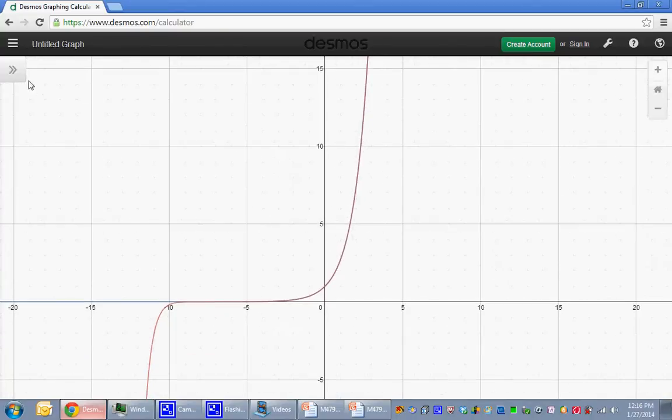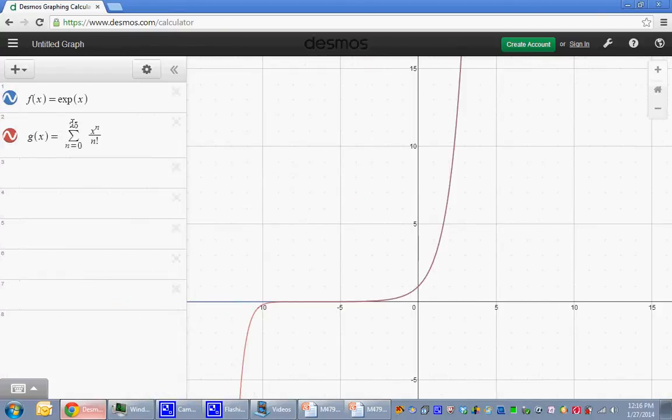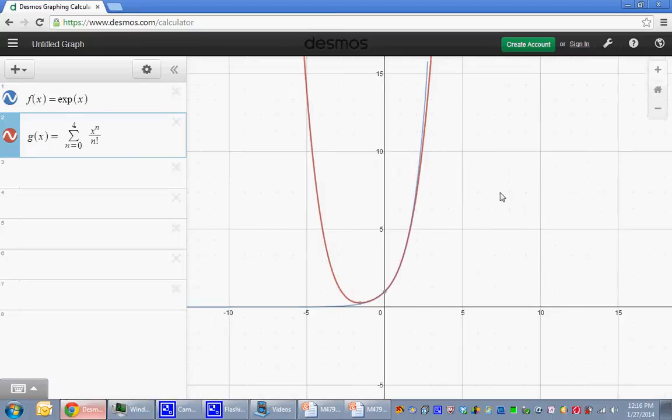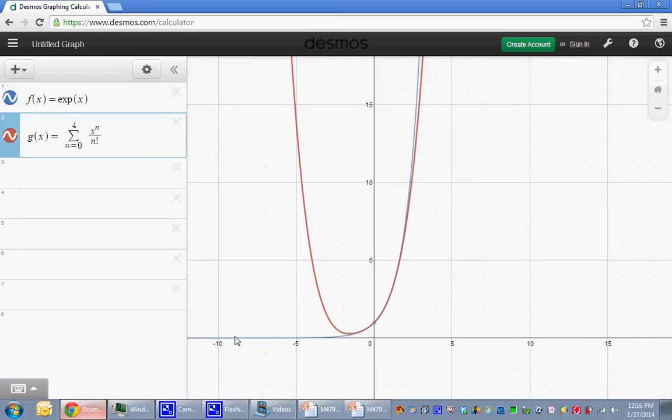Now we could change this largest power of x here. Let's make it a lot smaller. Let's just make it the sum from 0 to 4 of x to the n over n factorial. And this is a little bit easier to see what's going on. We could see that we have y equals e to the x in blue, and then we have a degree 4 polynomial in red.